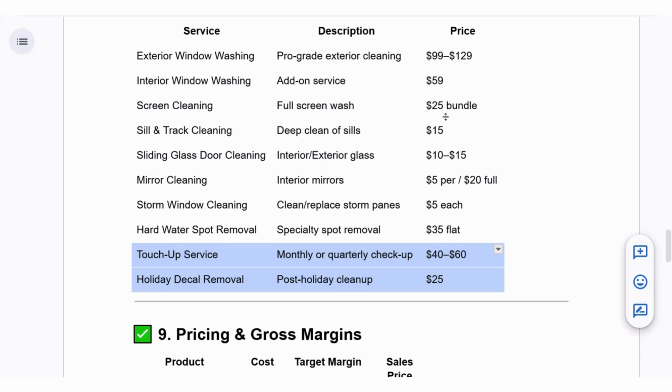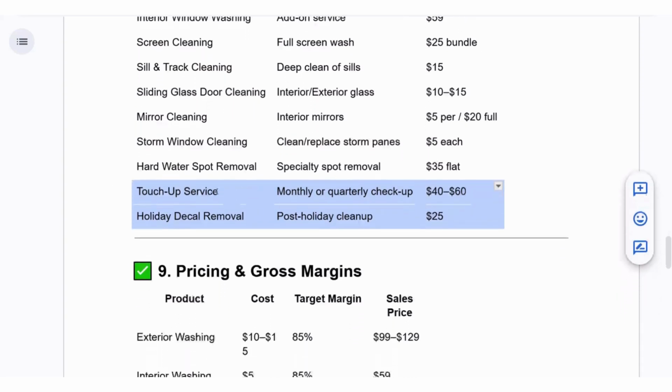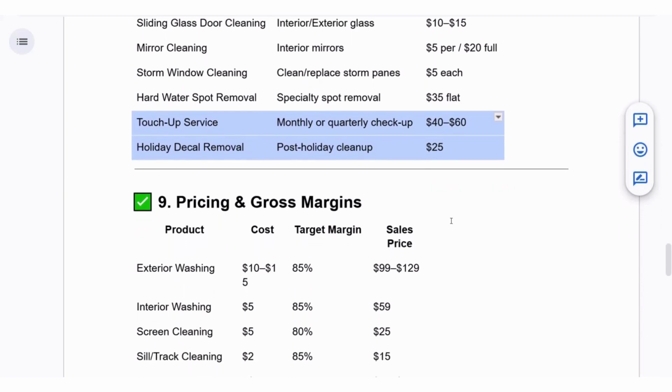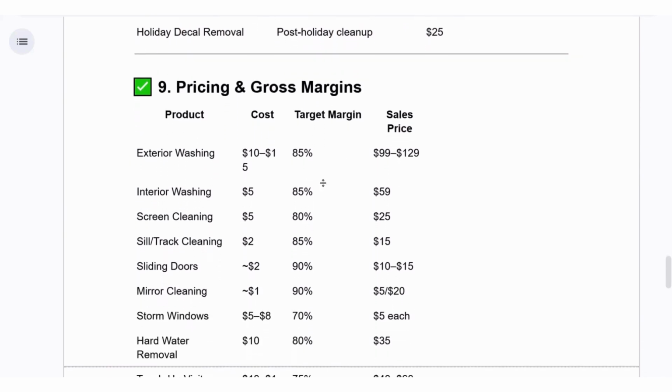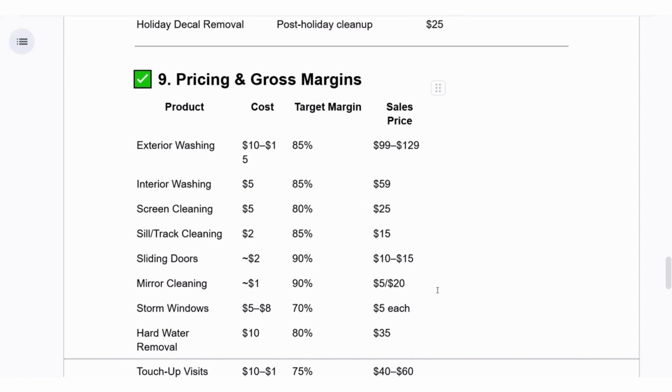So for example, screen cleaning, sliding glass door cleaning, mirror cleaning inside the house, water spot removal. One thing I was thinking when I was typing this stuff in was screen repair. I know I have a number of broken screens that if somebody said, hey, I'll take this to Ace Hardware, or I can knock it out for another $5 over cost or something like that, I would appreciate that kind of service.